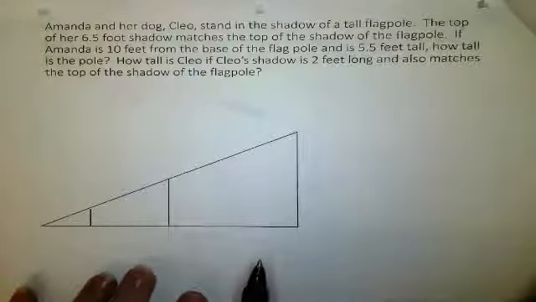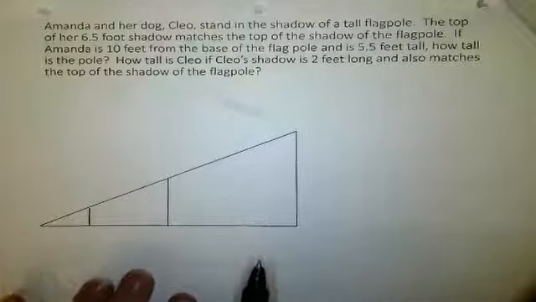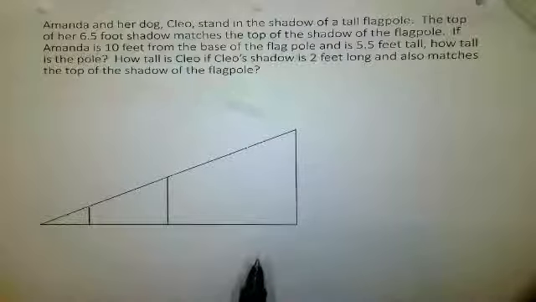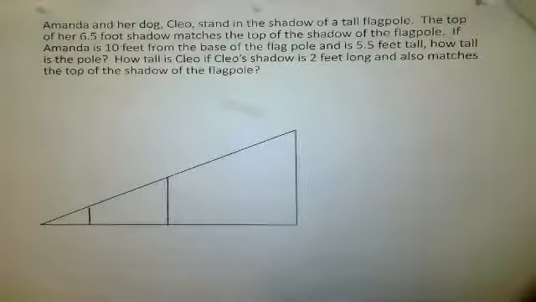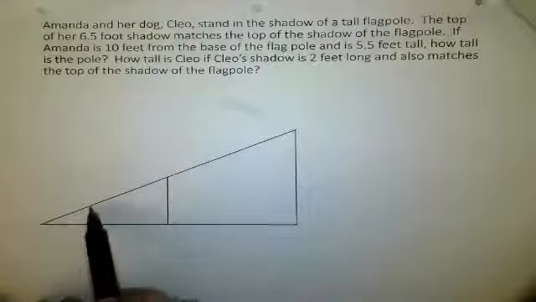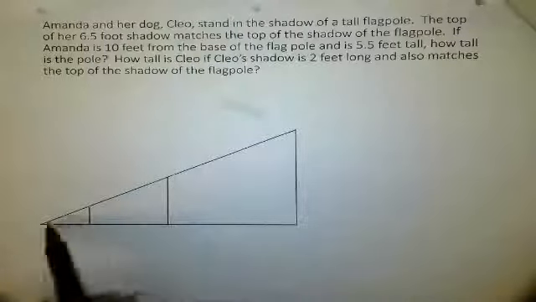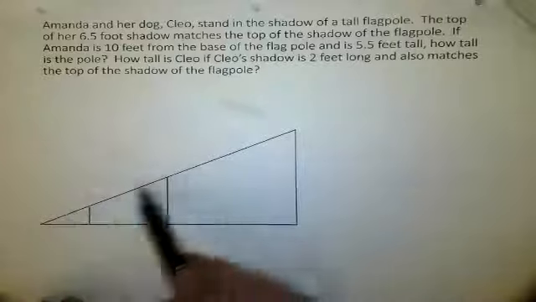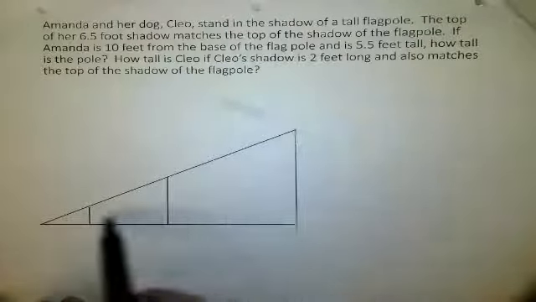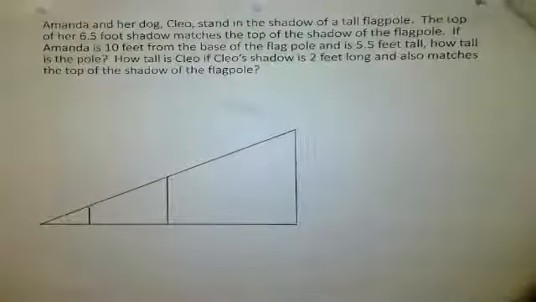There are 3. There's a little baby triangle and a medium triangle and a big triangle.